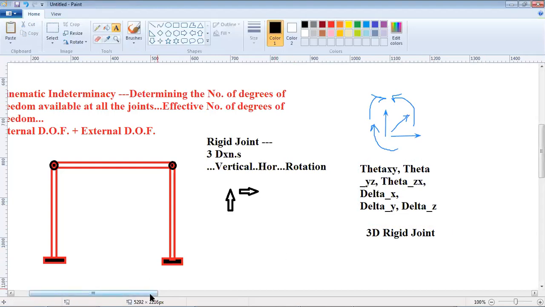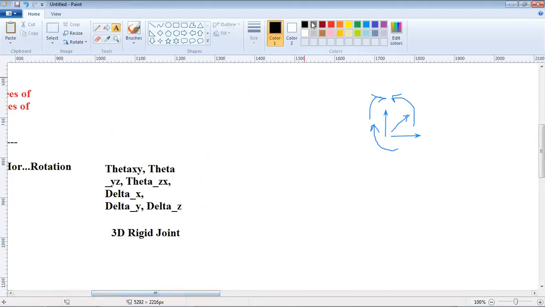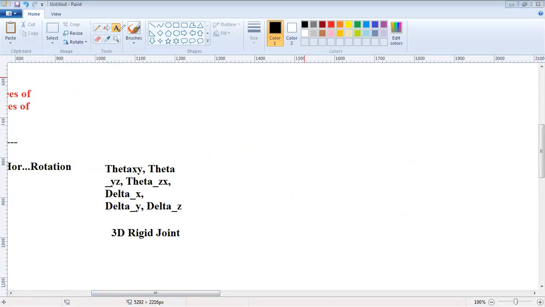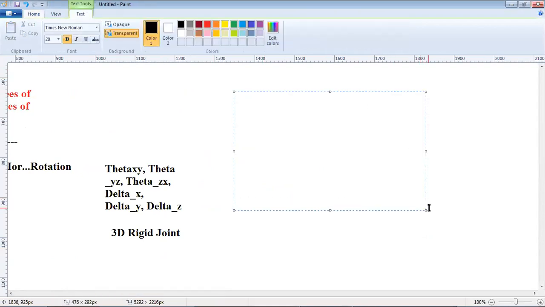So overall, what do we have now is this. The kinematic indeterminacy would be S into J minus T plus gamma. This is the formula for determining the kinematic indeterminacy. Now what is S here?